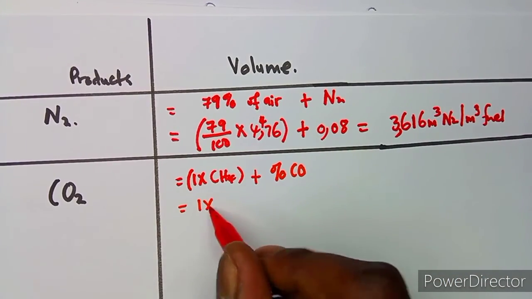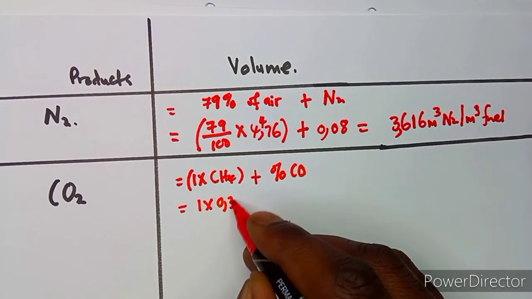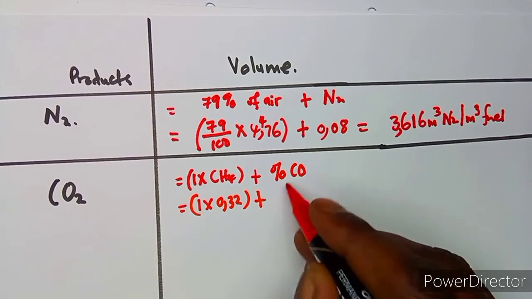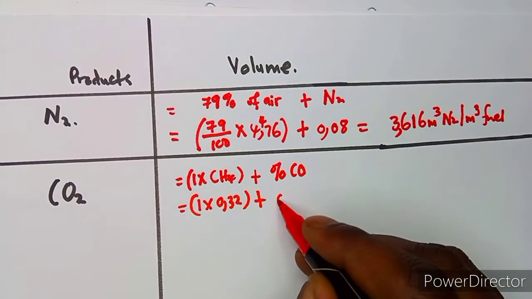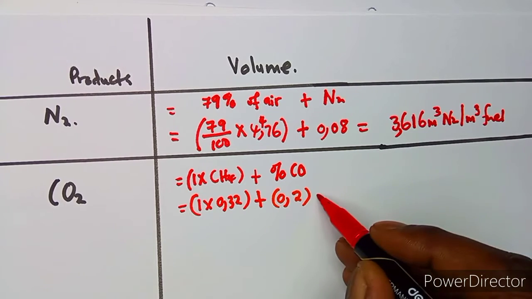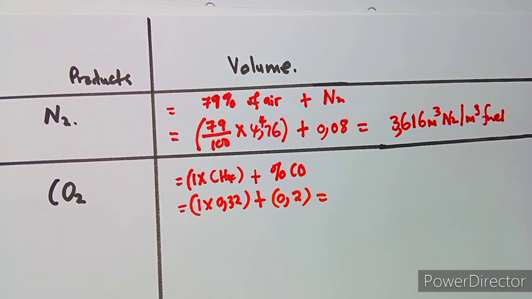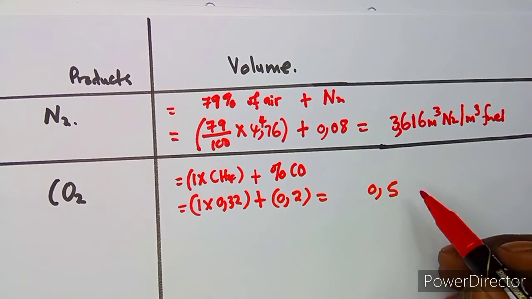So it's 1 times the percentage of CH4, which is your methane, which is 0.32, plus the percentage of carbon monoxide, which is 0.2 as a decimal. Okay, so that's what we all had. So we can have 0.52.